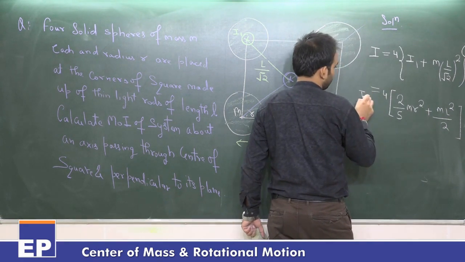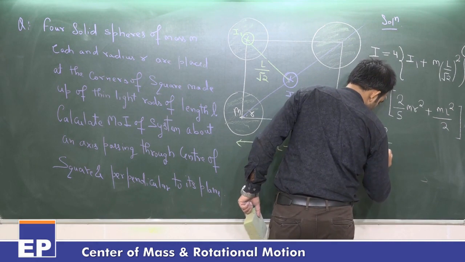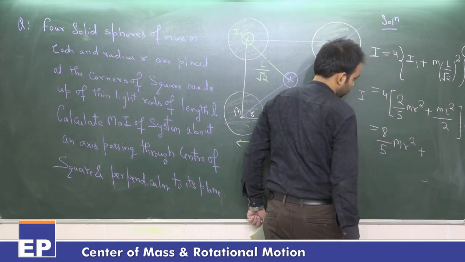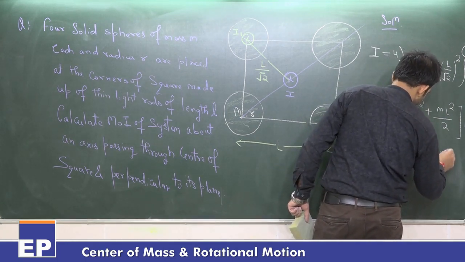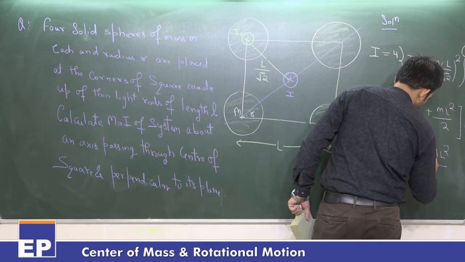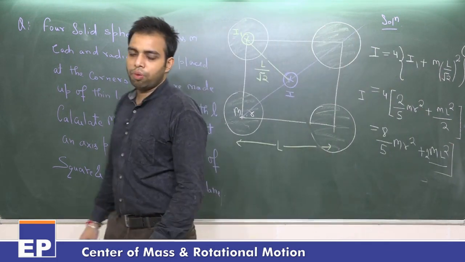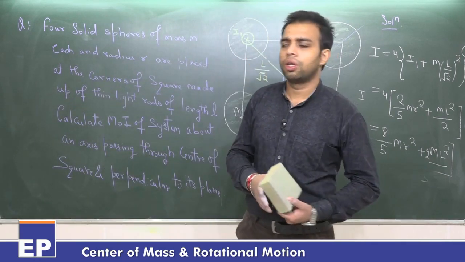This is I. That will become 8 by 5 m r square plus 2 m L square. This is the relation for the moment of inertia about that axis. Is it clear? So this is the relation.